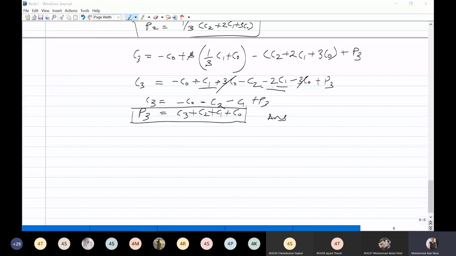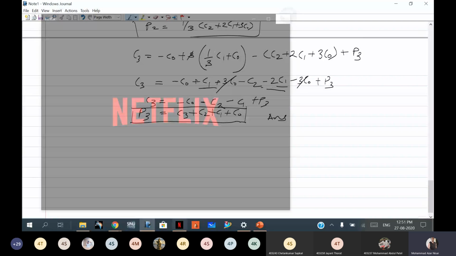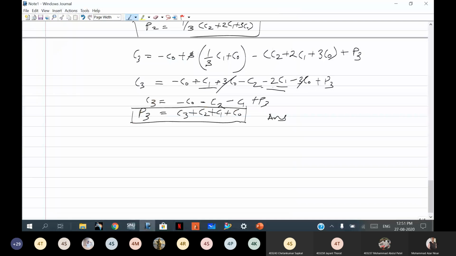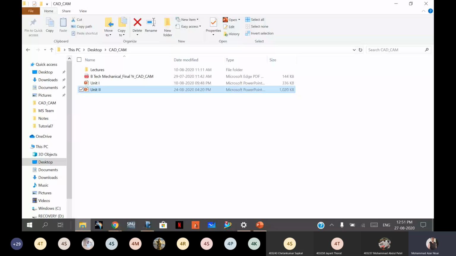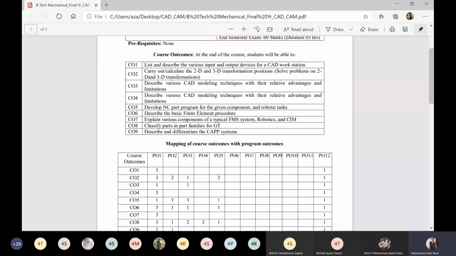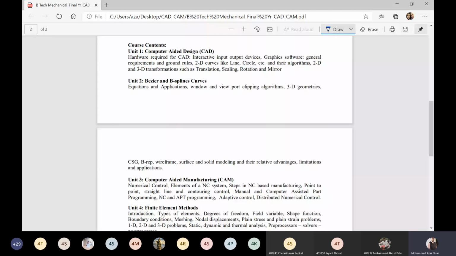We'll open that syllabus first. In this we have now seen the equations and applications for the Bezier curves, and we solved the problems over this.